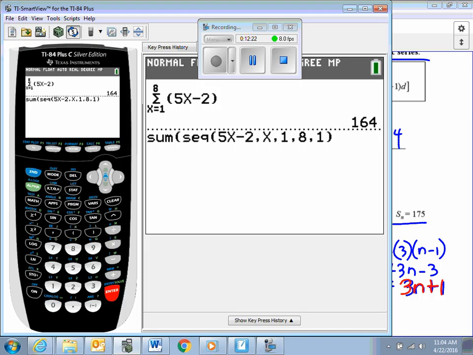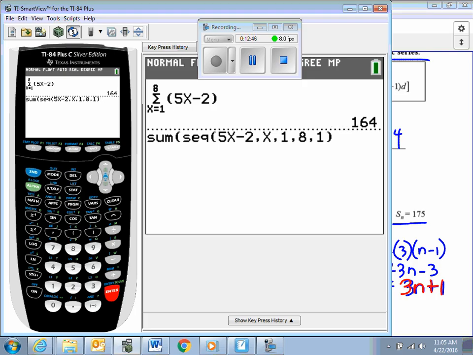So this is an important place for anybody. If you have a calculator and when you go and find the sum of the sequence like I just did, if you don't get the list like I just had that allows you to put the expression and the variable and all that, you're going to have to enter your information just like it is here in parentheses.